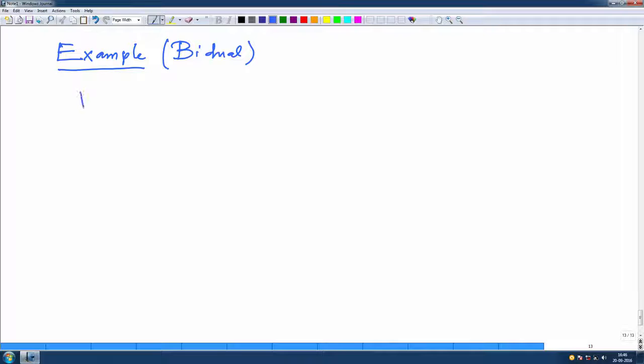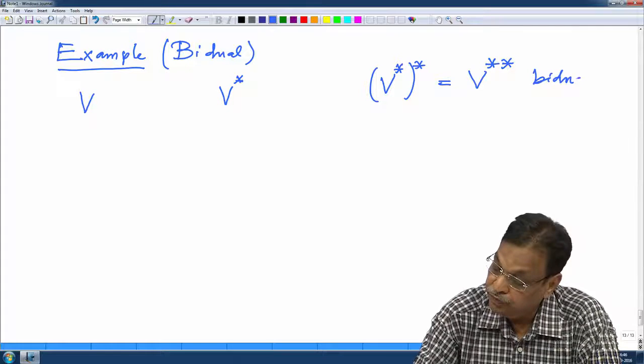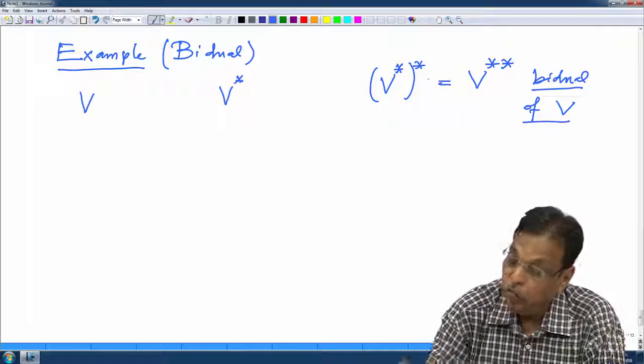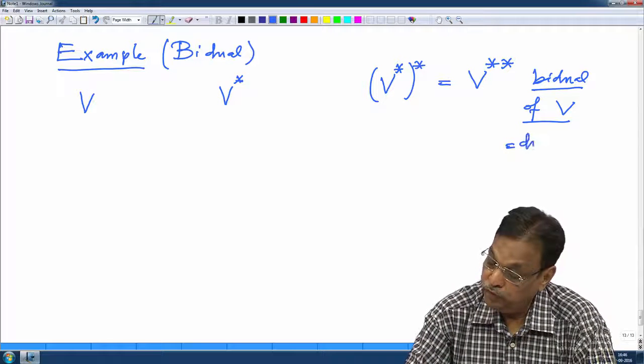Remember this process, from a vector space V, we have a new vector space V star. If V is finite dimensional, this is also finite dimensional. Then we can do the same process again, that is V star star, which I will denote by V double star. This is called the bidual of V, which is the dual of the dual space V star.